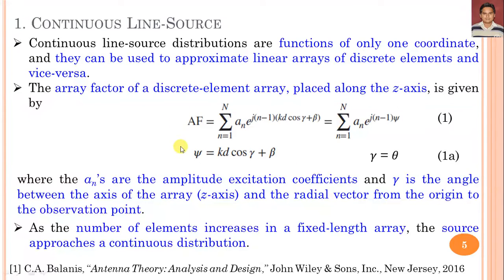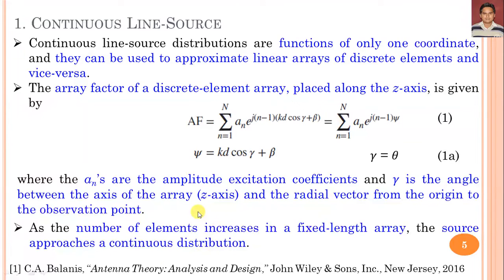So this equation is not new; we discussed it in the antenna array series. The important difference is that there we considered a_n equal to 1, but here we consider the values of a_n, which are the amplitude excitation coefficients.